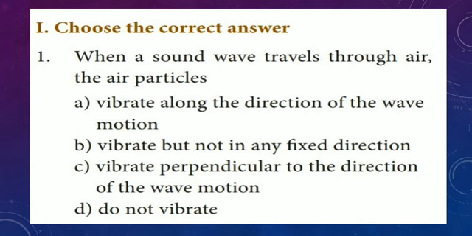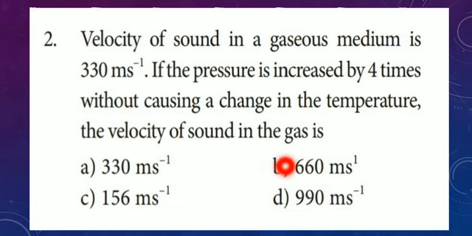Now, if the pressure is increased by 4 times without causing a change in the temperature, we have to find out the velocity of sound in the gas. The options: A is 330 meter per second, B is 660 meter per second, C is 156 meter per second, and D is 990 meter per second.